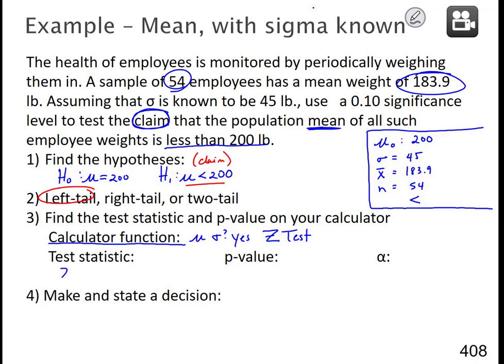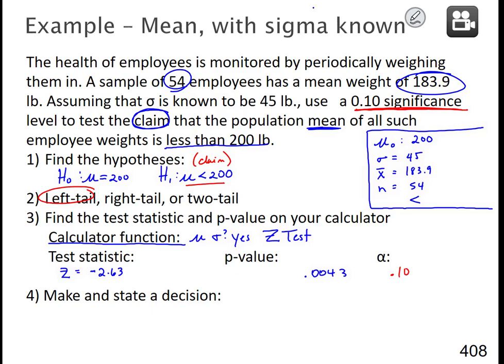Our test statistic is back to a z-score, which is negative 2.63. P-value was 0.0043, and the alpha, back in the problem, look for the word significance level, was 0.10.